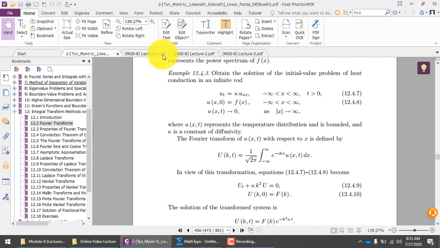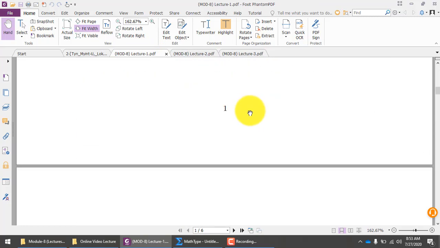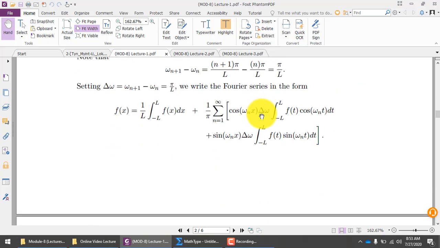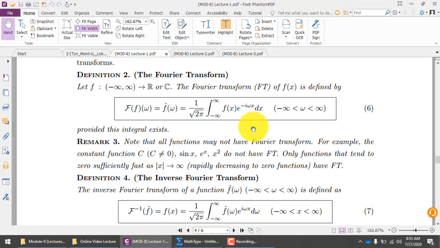If you remember the previous lecture where we defined the Fourier transform, here we define the Fourier transform for f on the real line. So we are discussing in our course the functions on the real line, number one.